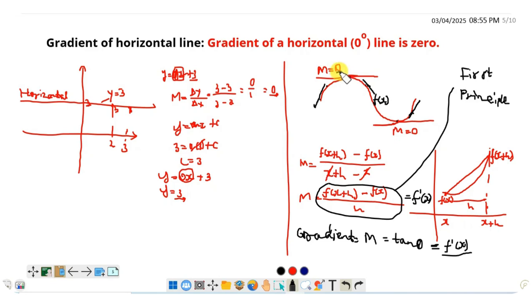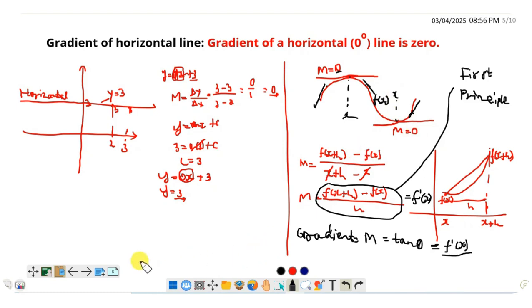The gradient is 0, right? So I can derive, set that equation equal to 0 and solve for x to get the x value for the turning points.